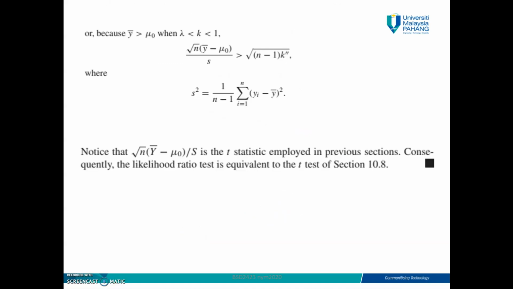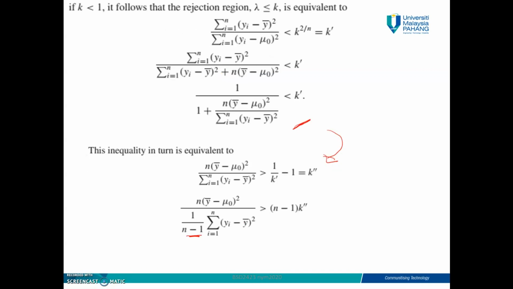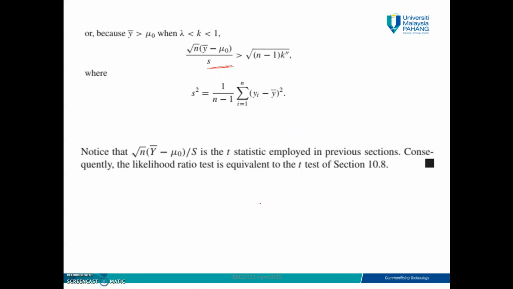Because y bar is greater than mu naught, you can see that this one happens when lambda is less than k and k is less than 1. So you will get this equation, which comes from here. You can see the squares here, so finally it becomes a square root, and then you have square root of n times y bar minus mu naught over s.